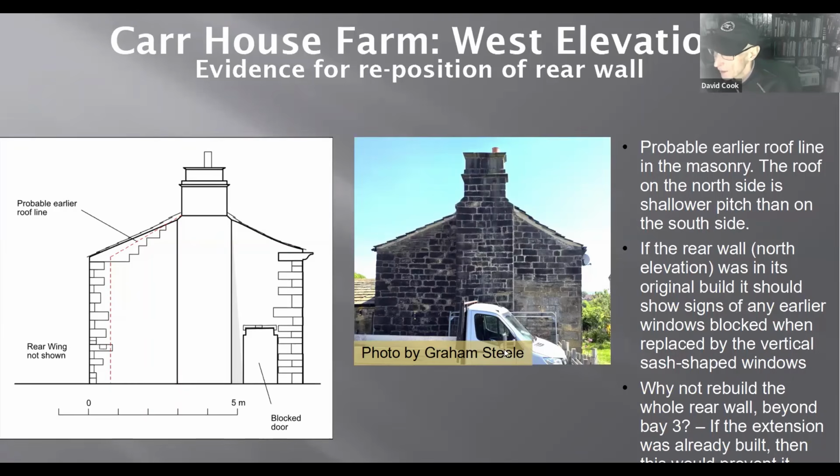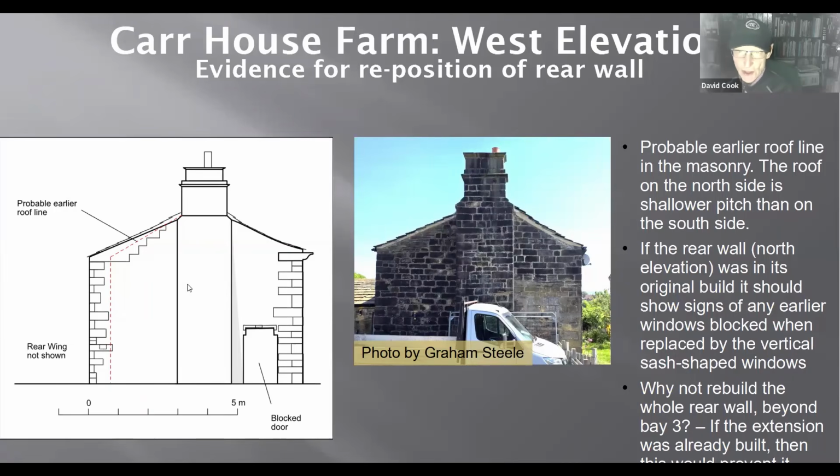So why not rebuild the whole rear wall beyond bay 3? We've seen a bit where that wall steps in. If the extension was already built, then that would prevent it. And this is going to be my argument, that the extension was already built when the rear of the building here was extended outwards to the north to provide more space.